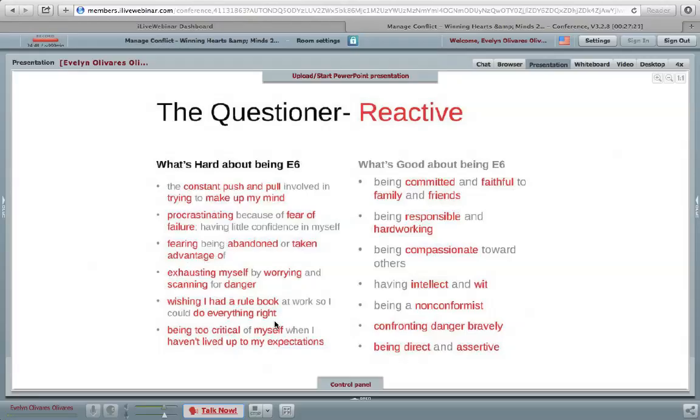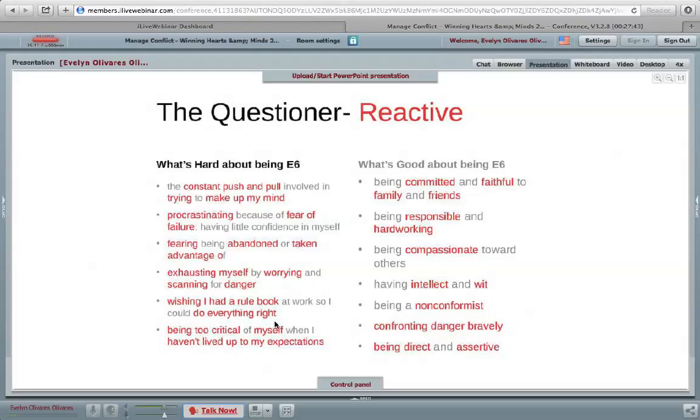I fear being abandoned or taken advantage of. It's really exhausting worrying, scanning for danger all the time, wishing I had a rule book at work so I could do everything right, being too critical of myself when I haven't lived up to my own expectations.